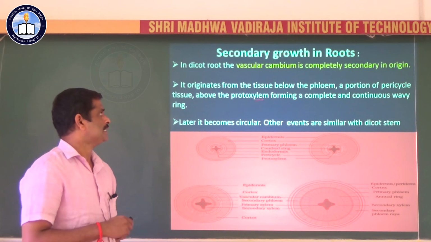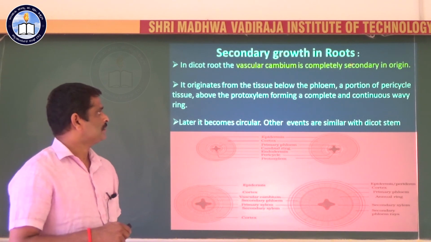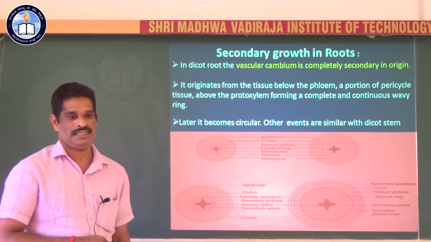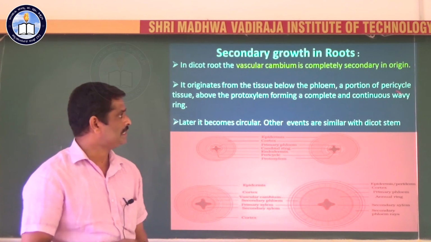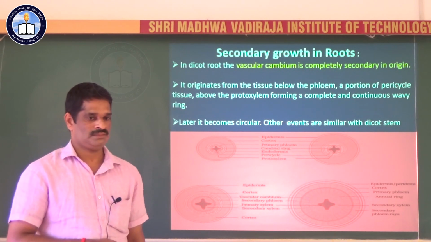This is how the secondary growth takes place in the roots. The secondary growth can also be seen in gymnosperms, but secondary growth is not there in the monocots. Thank you.